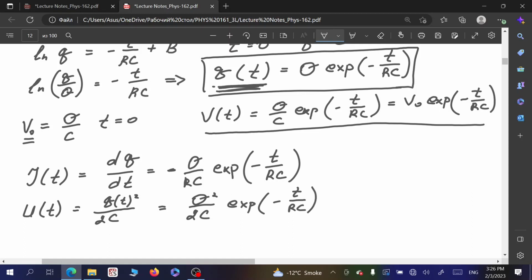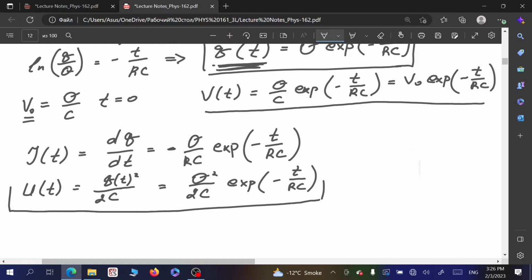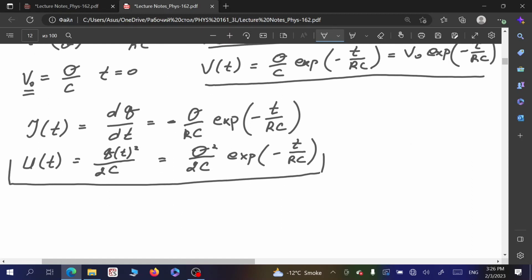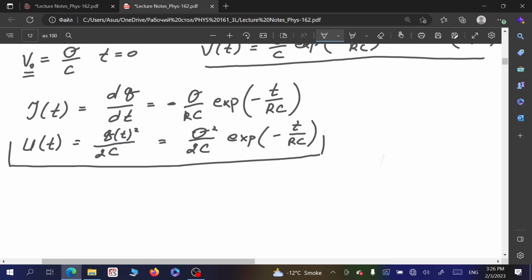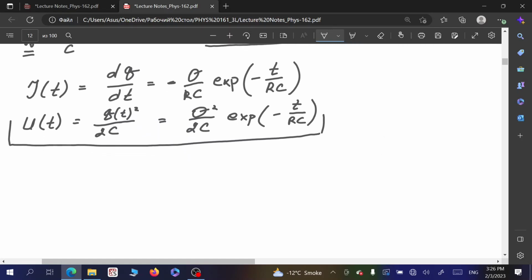So this is another important equation which tells us the dependence of potential energy of electric field accumulated inside a capacitor over time as this capacitor is discharged via resistor R.